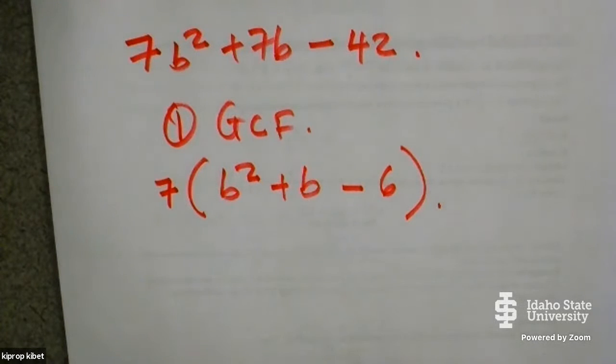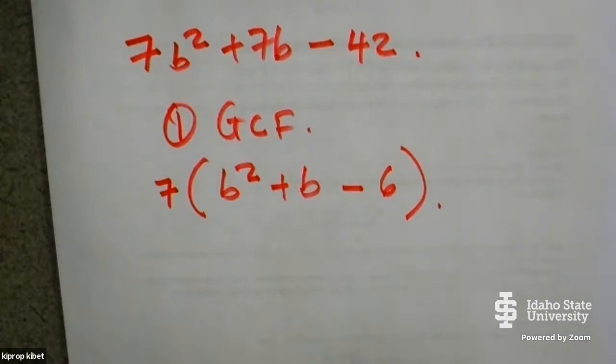Now we come to step number 2. So this is a trinomial. Now we can use the AC method. So A is 1, and then C is minus 6, right?